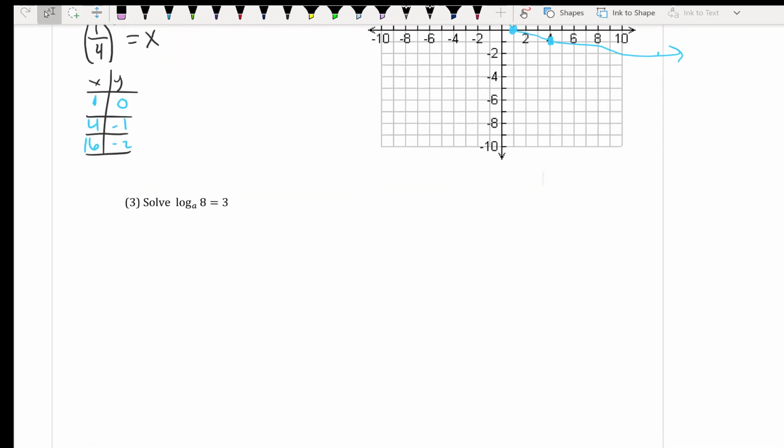So for number 3, it says solve. I'm going to have to rewrite this as an exponential so that I have my base that's equal to a, and my exponent that's equal to 3.